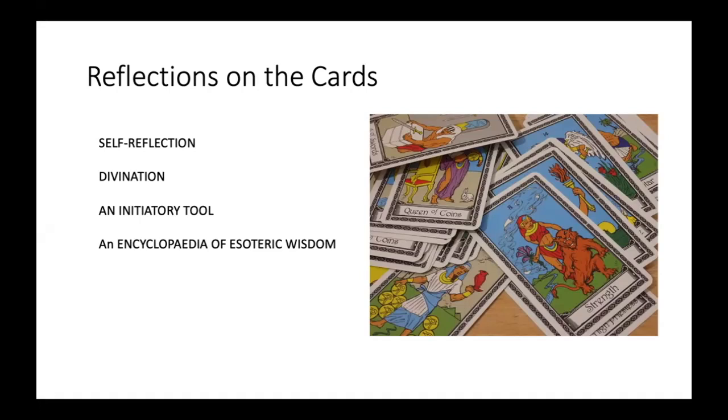I think it's a fascinating idea to track back some of the cards into, for example, Jewish mysticism and how much Jewish mysticism and symbols came into play in the design of the cards.